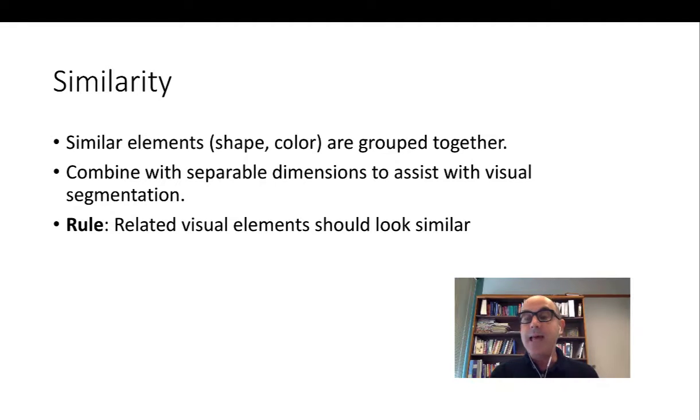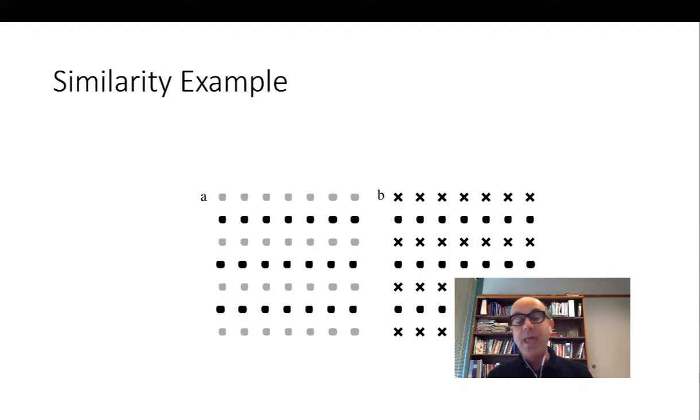Similarity: elements that have the same shape and colors also group together. So the rule, according to the Gestalt rule, is that related visual elements should look similar in order to make a point. Example, A and B. In example B, you see a pattern of X, X, X or circle, circle, circle. Our brain likes to recognize those in order for us to make more meaning out of it.